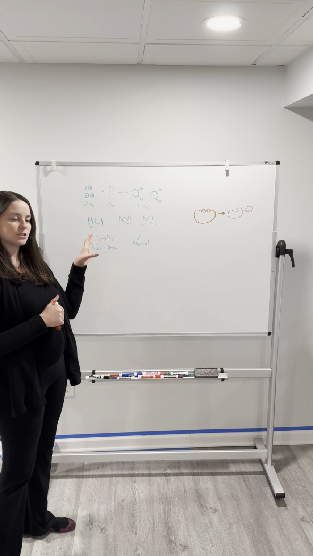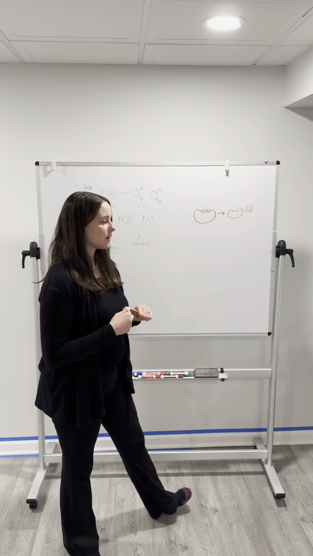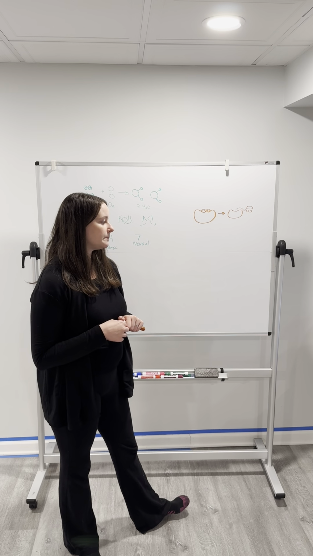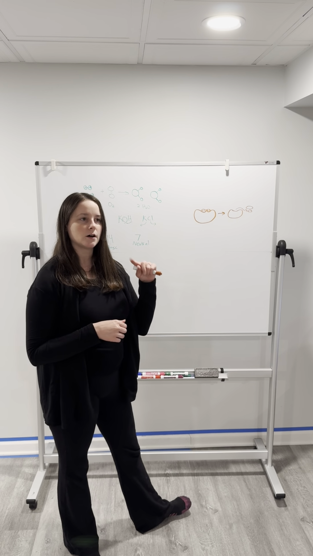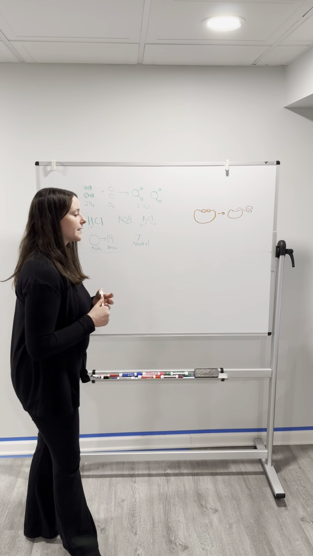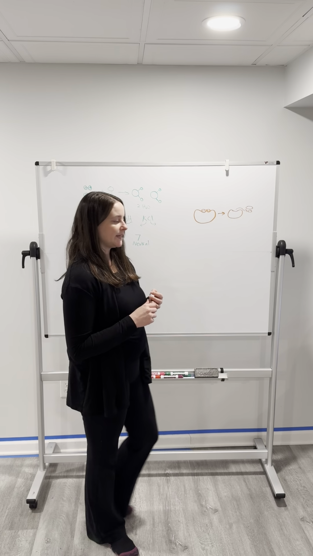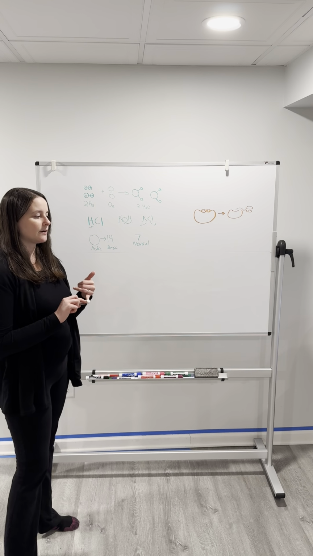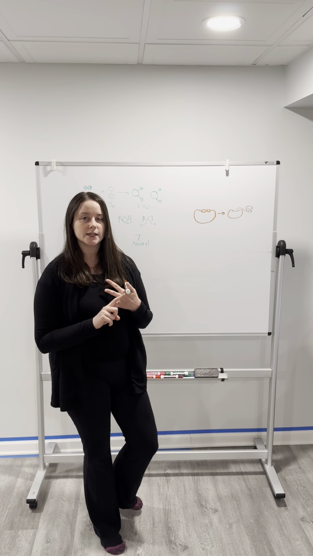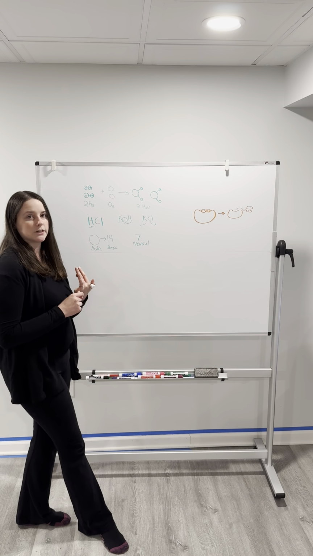DNA stands for deoxyribonucleic acid, so it's missing oxygen on one of the carbons on the sugar. And RNA stands for ribonucleic acid, so it has an extra oxygen on one of the sugar carbons. The nitrogenous bases are the same with DNA and RNA. Three of them are the same, one's different. Adenine, cytosine, and guanine are the same, but DNA has thymine and RNA has uracil.